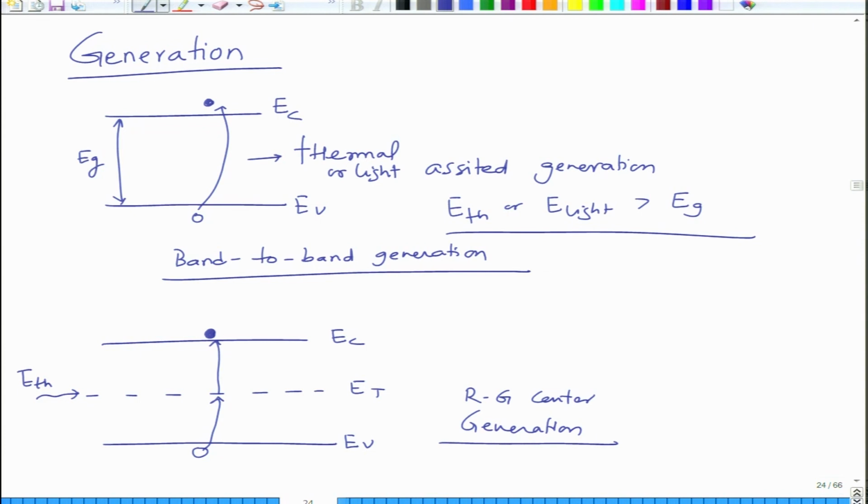And then of course you can have photo emission from band gap centers and impact ionization that can also cause generation, but these are the two major modes of generation.